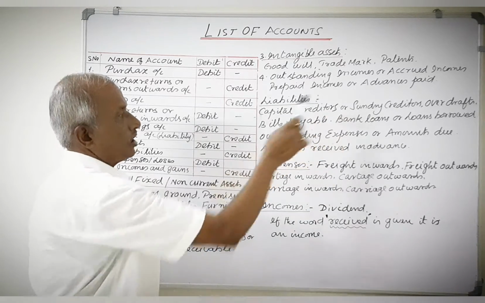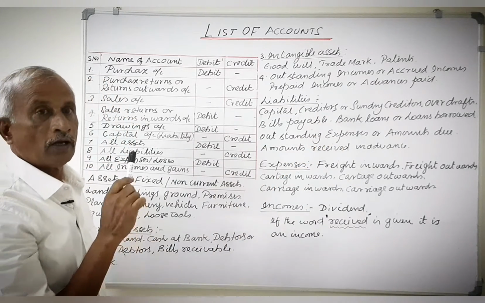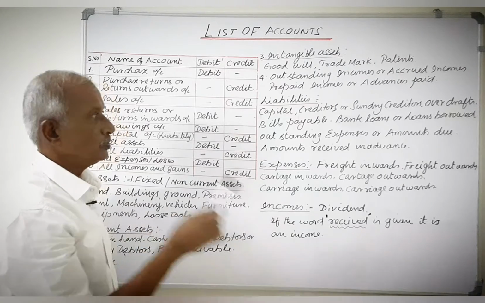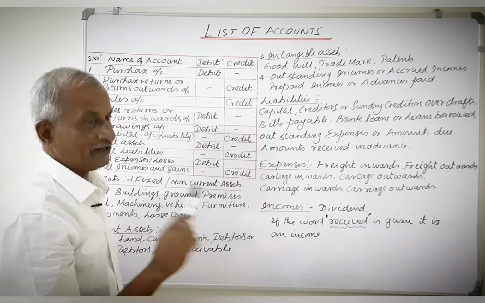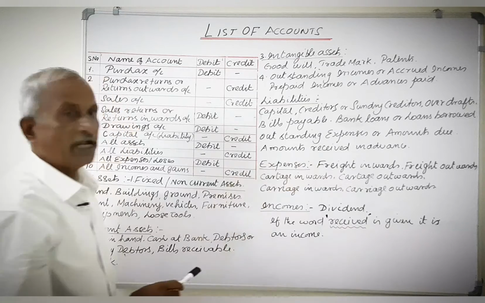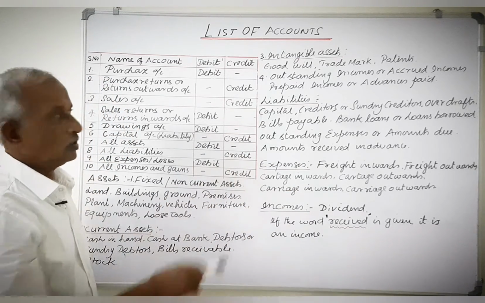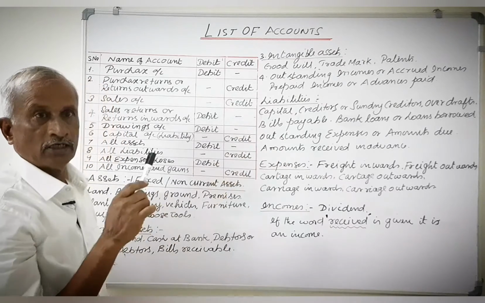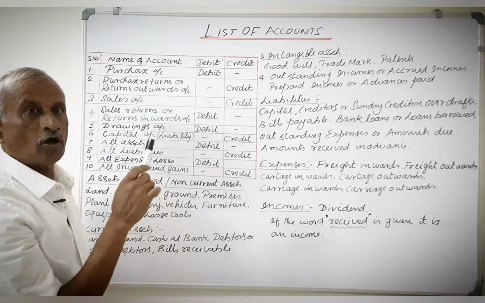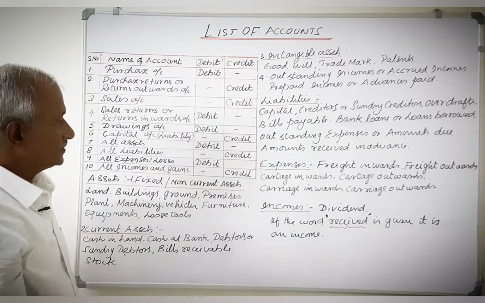Outstanding expenses or amounts due: salary due or outstanding salary. Amounts received in advance: rent received in advance. So all liabilities will be shown on the credit side of the trial balance.